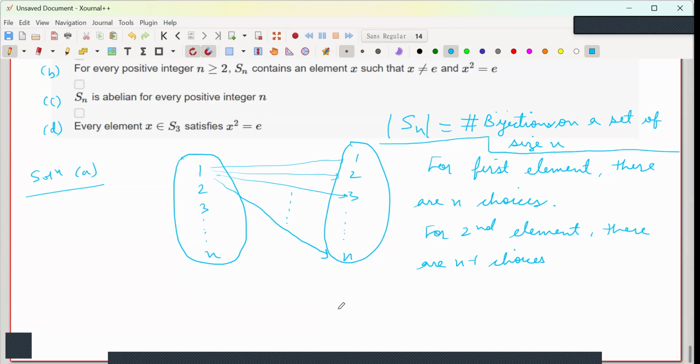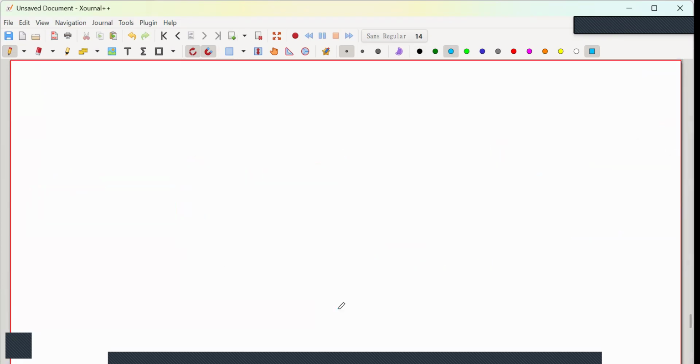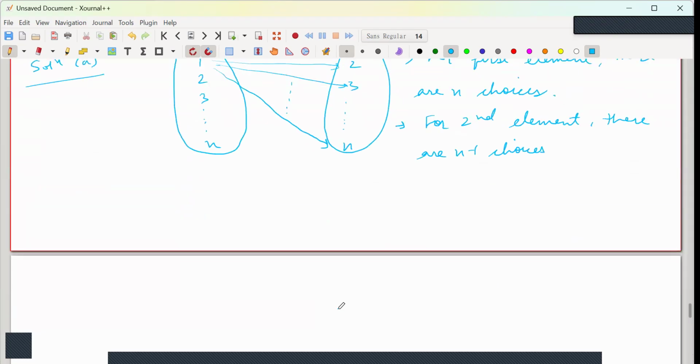For the first element, we have n choices. For the second element, we have n minus 1 choices. And similarly, for some ith element, there are n minus i plus 1 many choices. For the nth element, there will be just one choice.